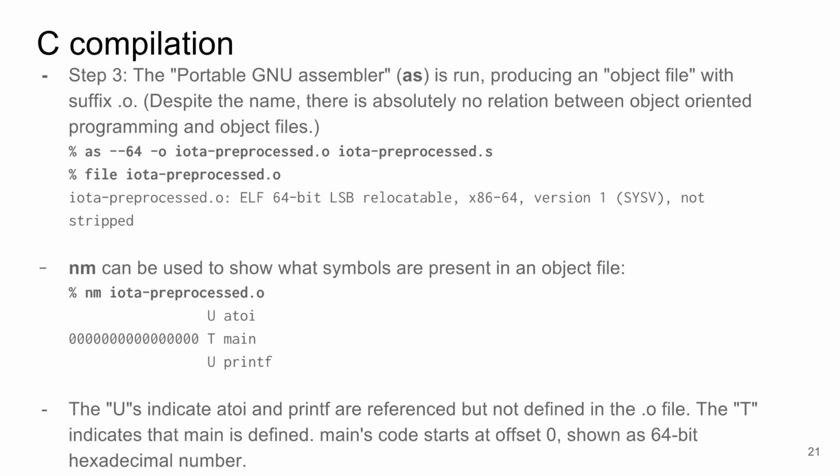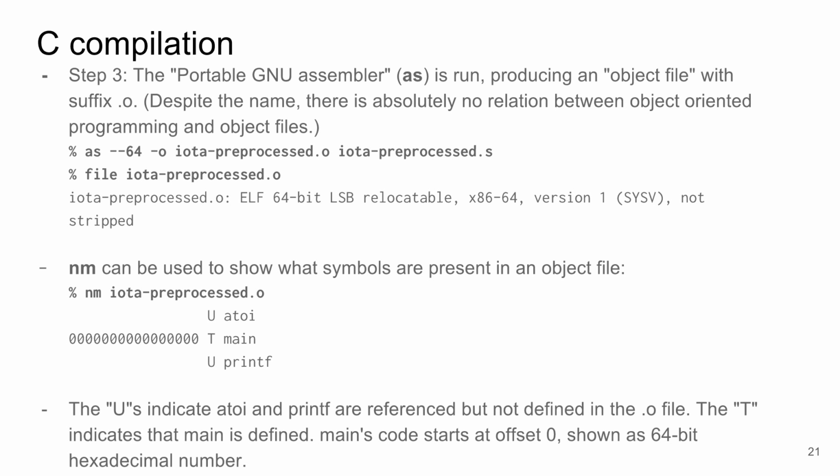These U's indicate that A2I and printf are referenced, but they're not defined in our object file. We're using them, we include those header files so we can actually use these functions, and we reference them, but they're actually not defined. Like the actual code for those functions isn't in this object file right here.